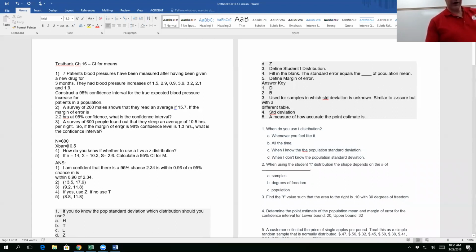The margin of error, here we're going to reword this. This is what it should say: at a 98% confidence level, the margin of error is 1.3 hours, period. What is the confidence interval?